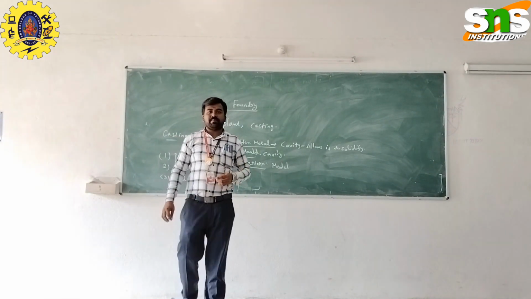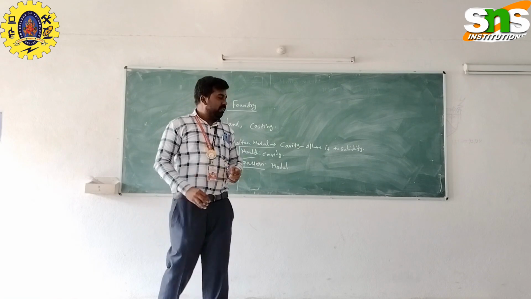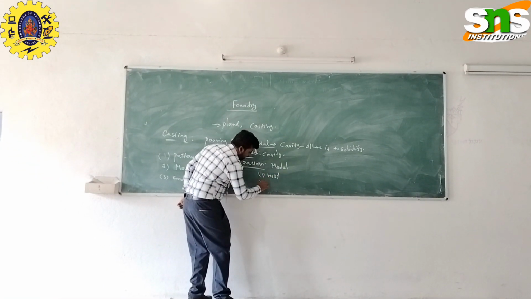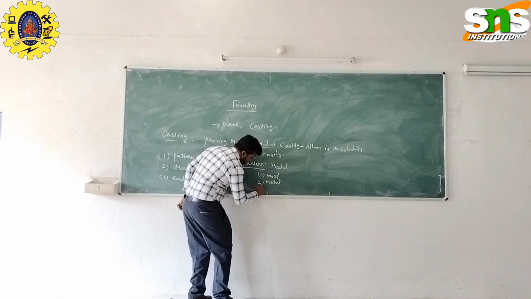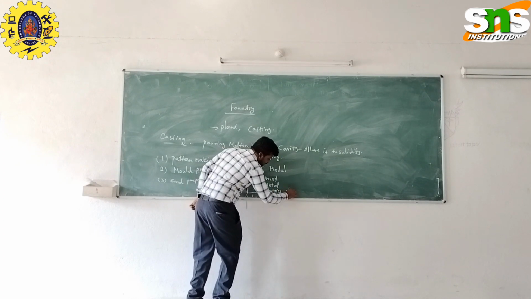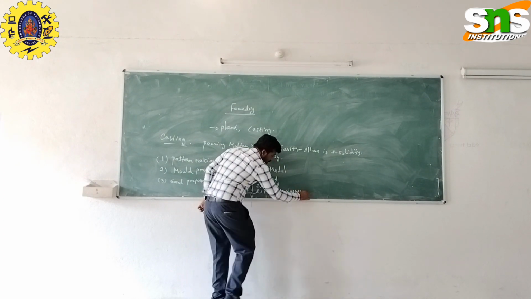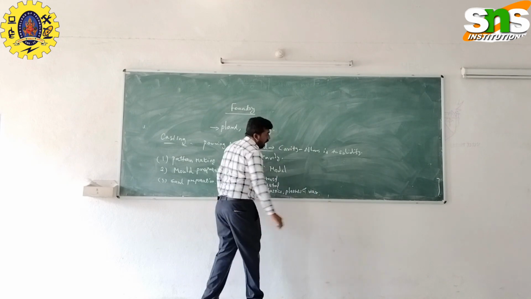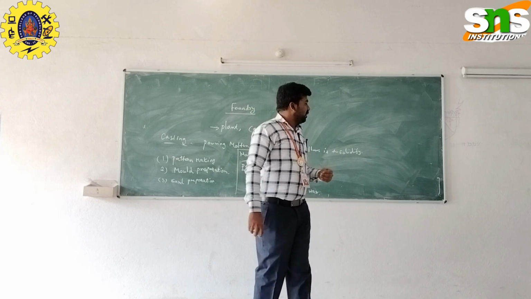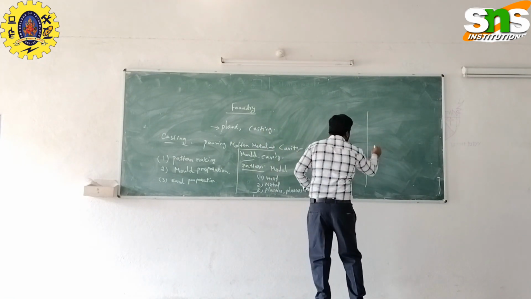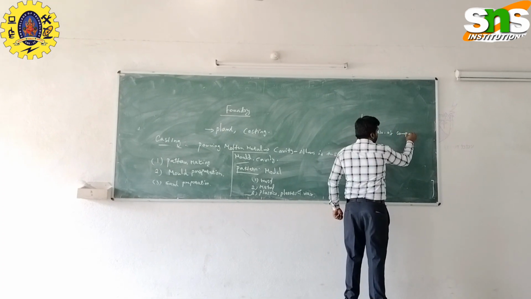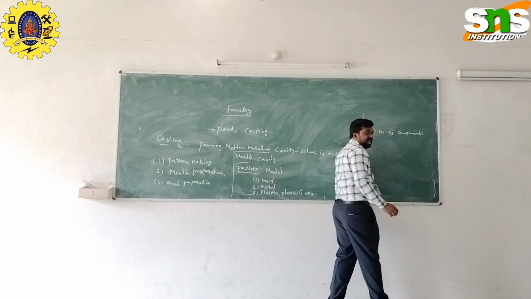There are various types of pattern materials available in casting. The first one is wood, metal, plastics, plasters, and wax. There are some factors to be considered when selecting these pattern materials. The first one is the number of components to be casted.